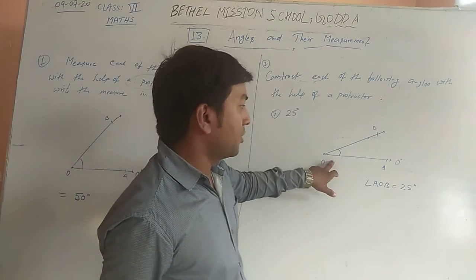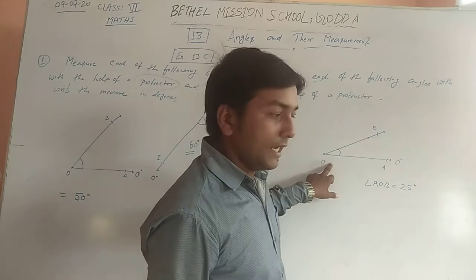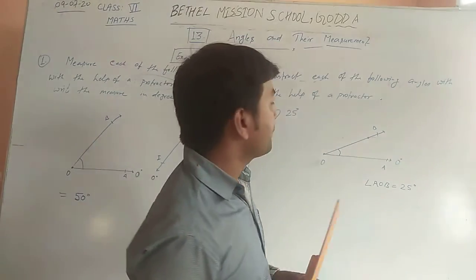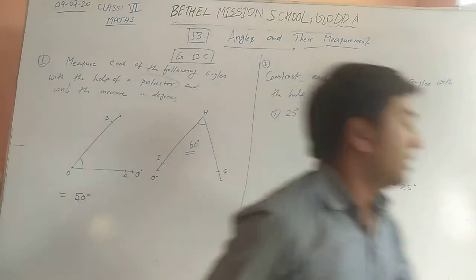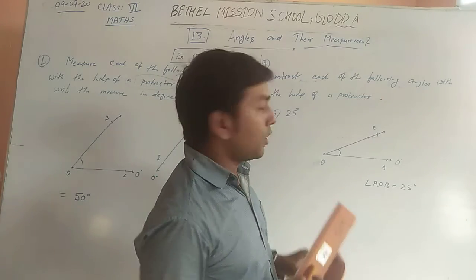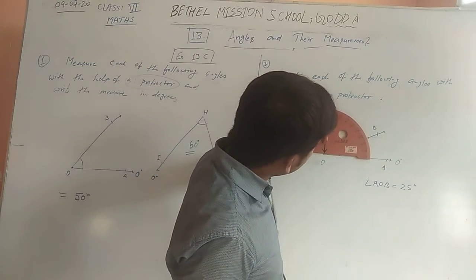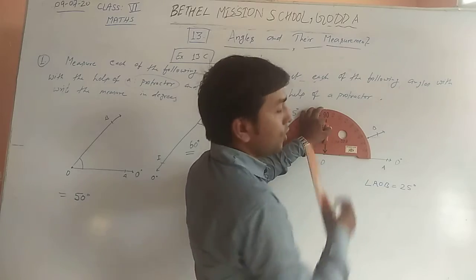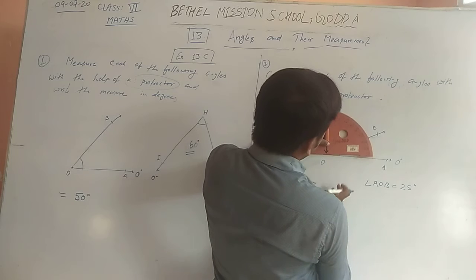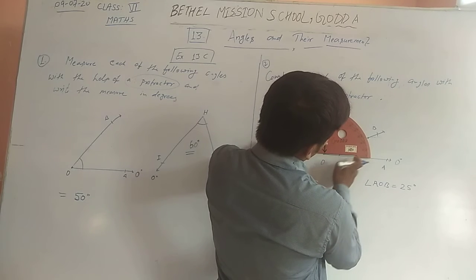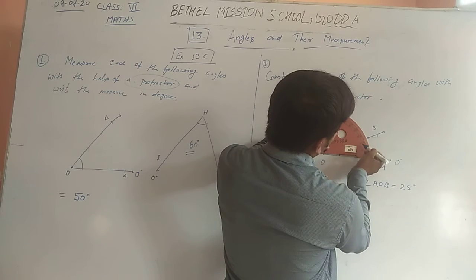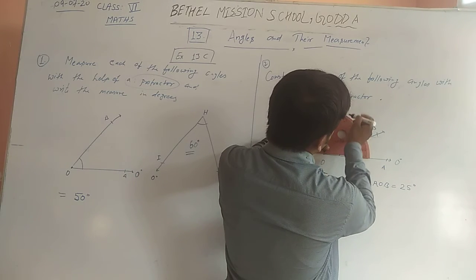First you will draw a ray with the help of scale, and then you will put this protractor at O and you can draw. If you want to draw 70 degree or 60 degree, then you will take 0, 10, 20, 25, 30, 40, 60, 70 degree.